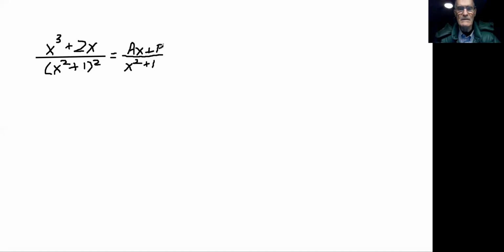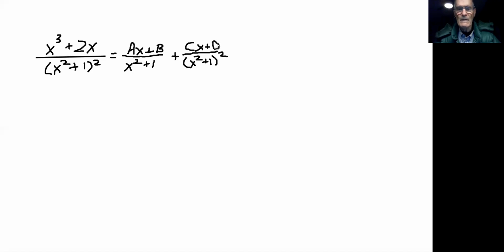And then my second fraction is going to be x squared plus 1 raised to the second power, and my numerator will be, once again, a first degree term, which is cx plus d.